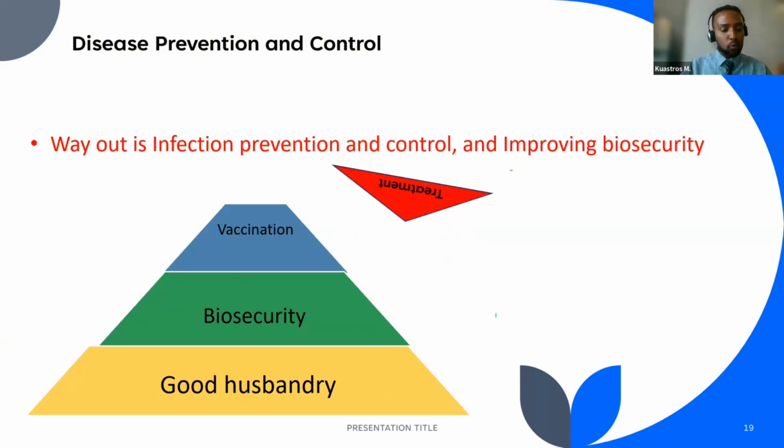So good husbandry practice should come first, then biosecurity, then vaccinating animals. If all those things fail, or if there is infection or disease, then we need to treat. But treatment should be the last option in our infection prevention strategy.